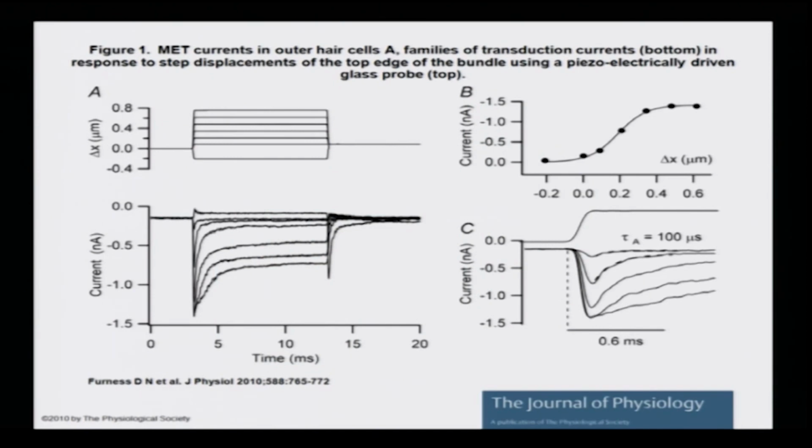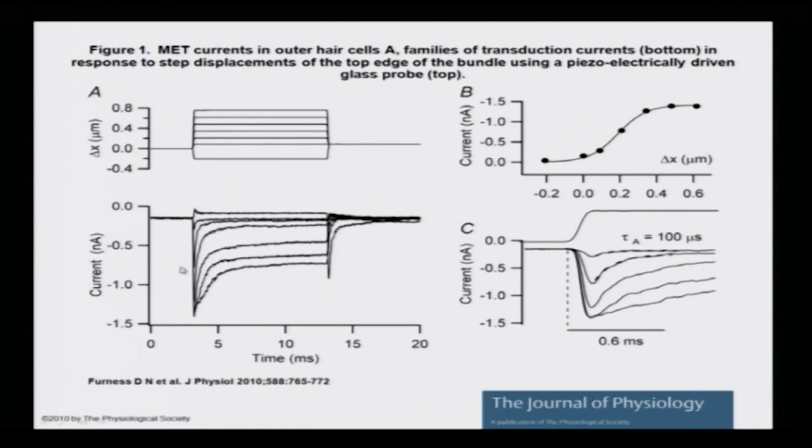And if you go back to the previous notes, you will see these are the different deflections which are taking place, delta x shown in micrometers, and these are the currents generated with respect to the different levels of delta x. So, this is the function. The x axis is showing you the delta x, which is the deflection, and the y axis is plotting the current.